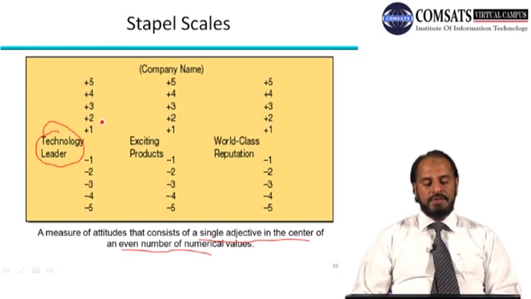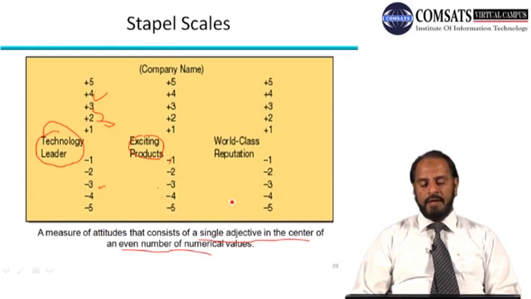You might say it's in the +6, or you might also say that it is behind in technology leadership. How many exciting products is your company producing? You might rate it from -5 to +5, indicating how good your products are. Is it very exciting or not exciting at all?